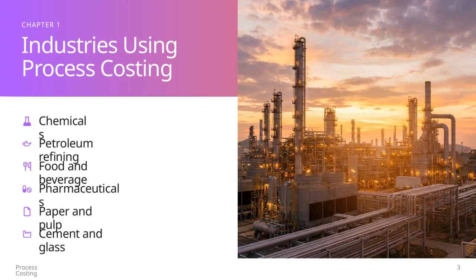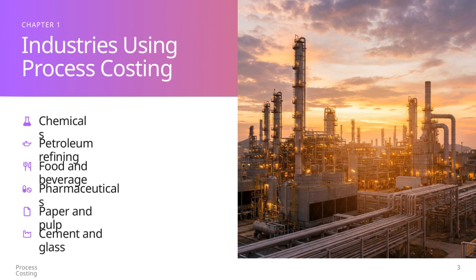Now, let's look at the various industries that commonly use process costing. This costing method is particularly suited for sectors where production is continuous and the products are indistinguishable from one another. Industries like chemicals, petroleum refining, food and beverage, and pharmaceuticals rely heavily on process costing to track their expenses accurately.